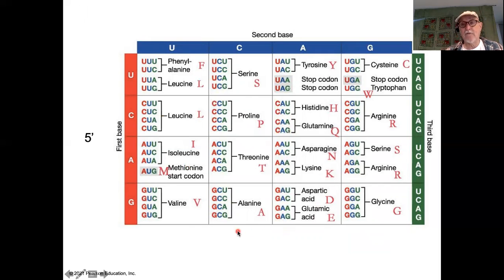Okay, so let's have a look here. This is a table. Always remember, this is a table of codons. This is messenger RNA. This is the messenger RNA code, not DNA, not transfer RNA. This side here is the 5' side. That's very important. So here we have all 64 possible codons, and we have all of our 20 amino acids.